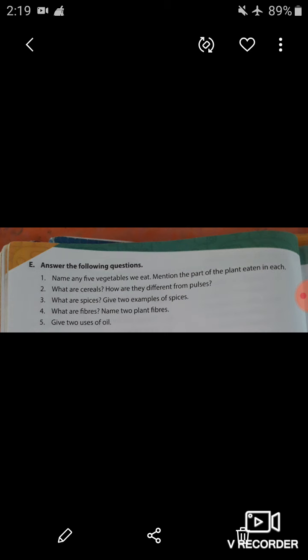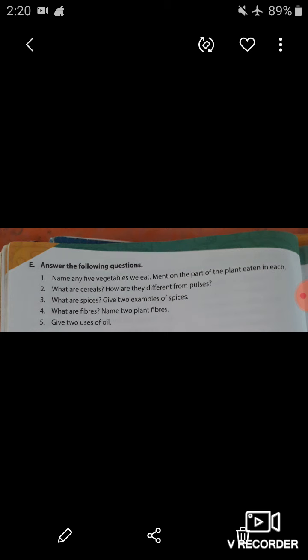So students, here you have to write what cereals are, then differentiate them from pulses. The next question: what are spices? Give 2 examples of spices. Here you have to write the definition of spices and then give 2 examples.